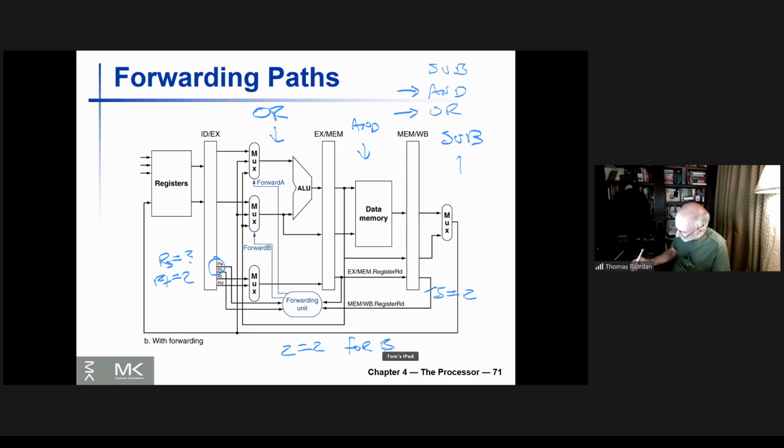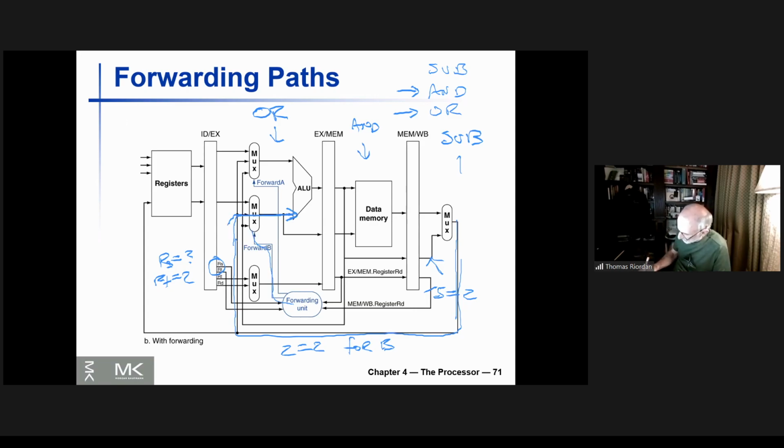And it will say yes. And so this signal here will come up and cause this, because the subtract data is now sitting here, so we're going to take it and feed it through the middle input of the mux.